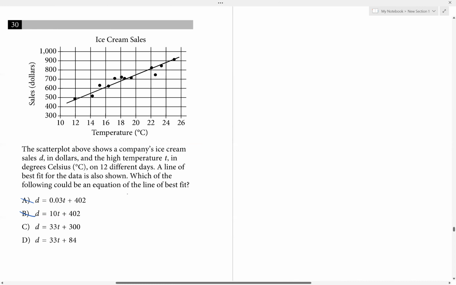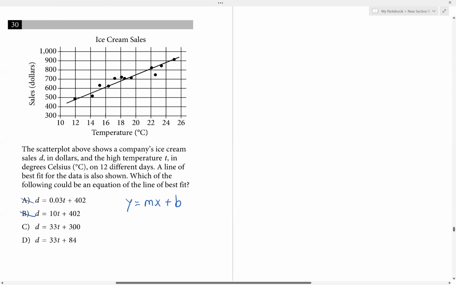But we do know this is a linear equation, so we'll use the slope-intercept form, y equals mx plus b. What we could do is plug in a point to verify, because between C and D, we see the slope is 33. They all have the same slope.